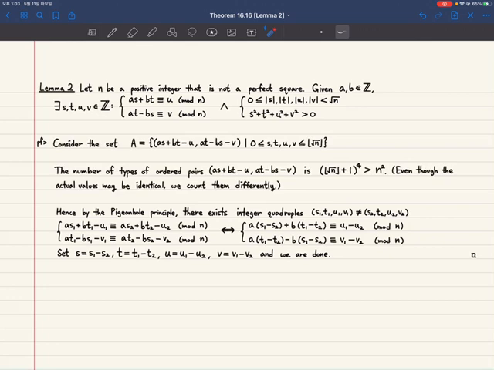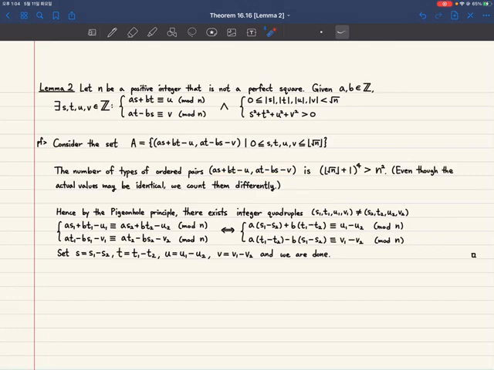So this number is greater than n squared because this inequality holds. And just one thing: even though the values may match, we're going to count them differently.